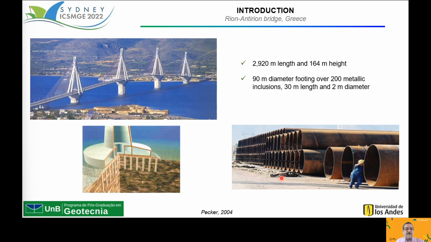One of the first examples of this application of inclusions was the Rion Bridge in Greece. This bridge has very huge footings of 90 meters diameter, and they were reinforced by 200 metallic inclusions of 30 meters length and 2 meters in diameter.